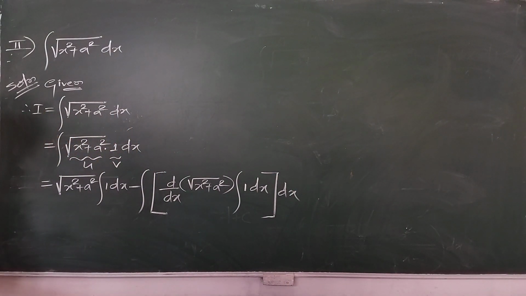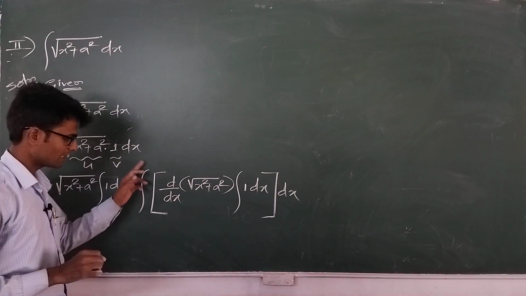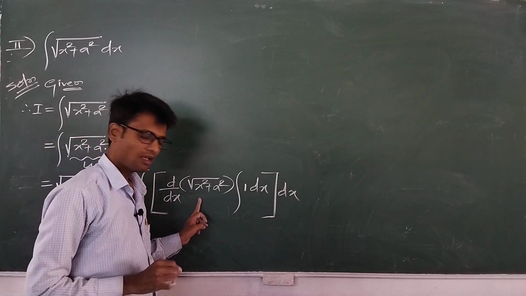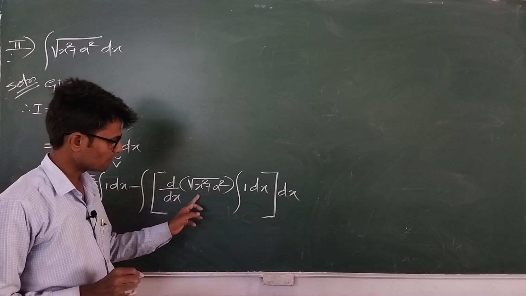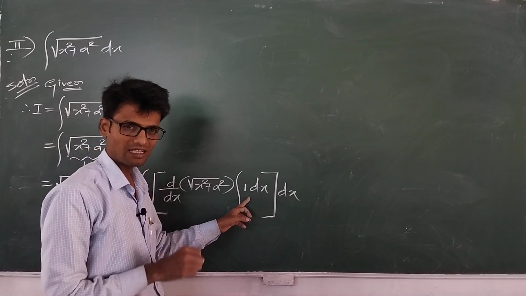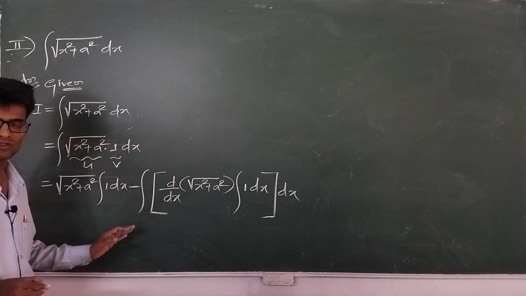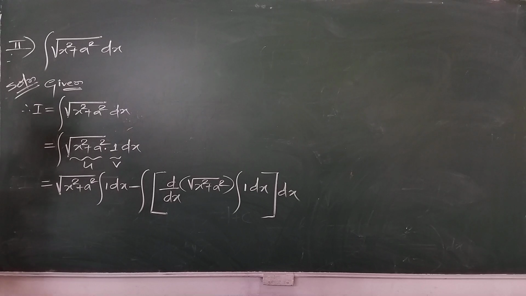So this is by using the integration by parts formula: u outside, integration of v with respect to x, minus integration of differentiation of u, integration of v.